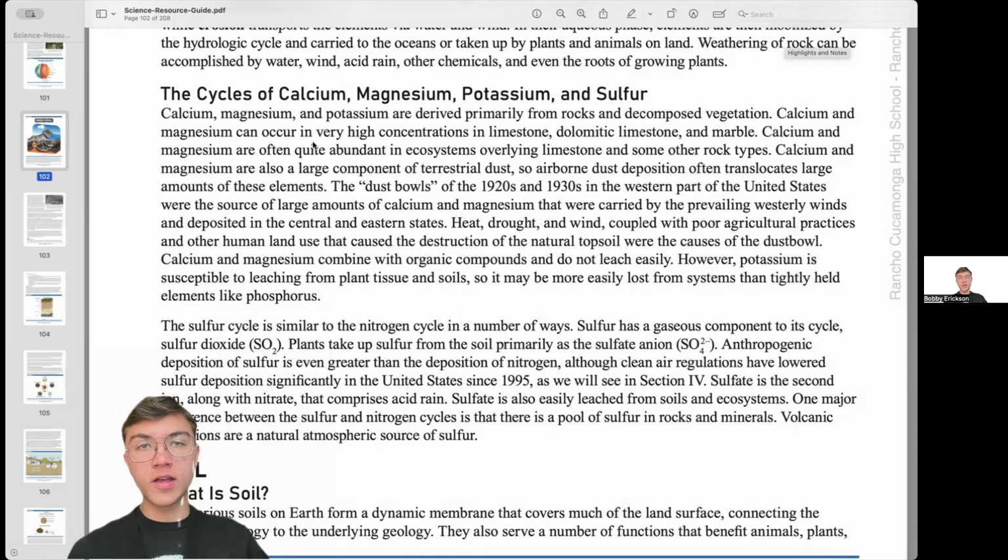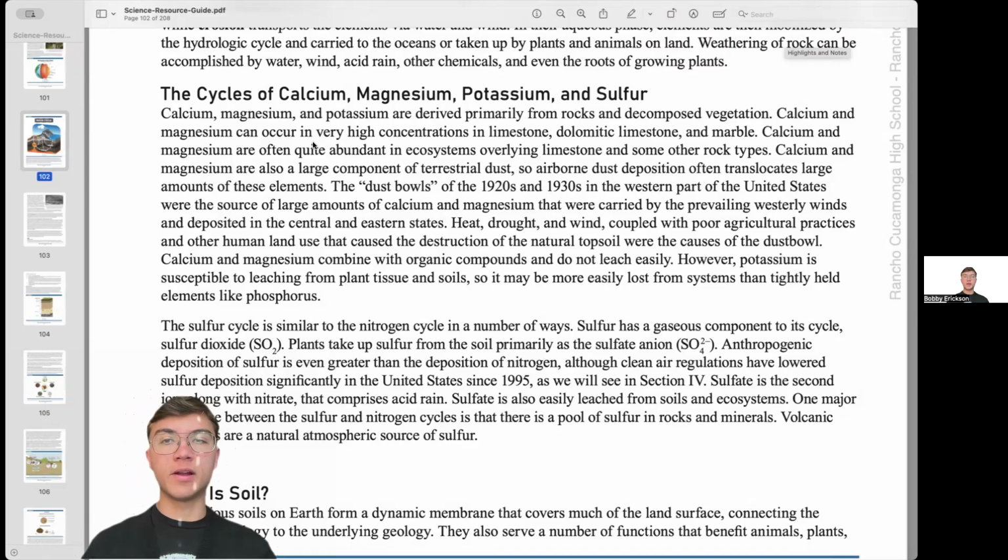They are often combined with organic compounds and they don't leach easily, so they don't come out with water very easily. But potassium is susceptible to leaching from plant tissue and soils, so coming out of the plant tissue and soils themselves.